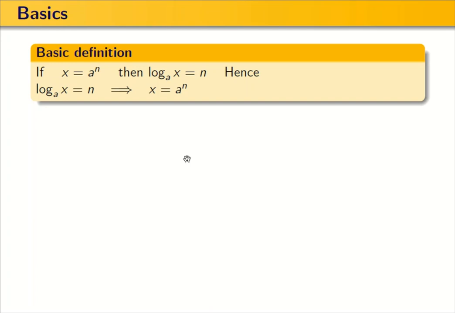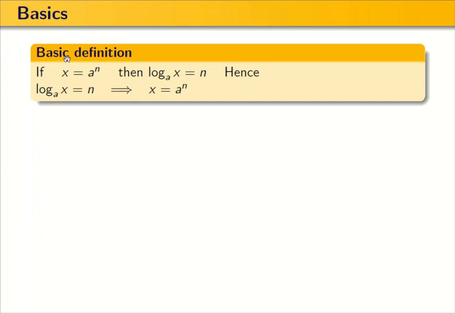Right, so there are some basic definitions that you are supposed to know. The basic definition of logarithm is that if I have a certain variable, let's say x, which is given as a to the power n, then the logarithm of this x to this base a is the power.